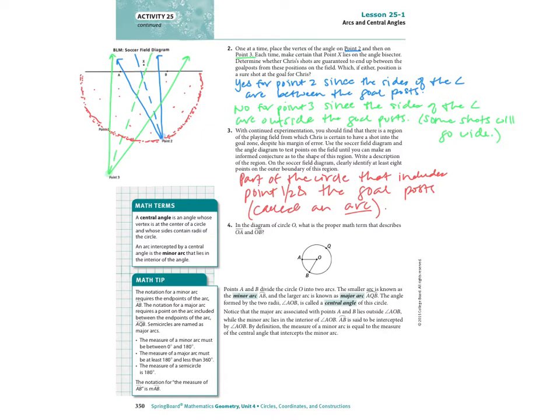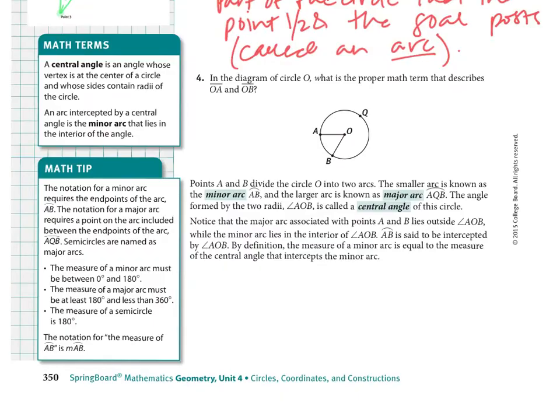Sweet. So the whole beginning part of this lesson was introducing this idea of an arc. Now we can zoom down below and start looking at some of our vocabulary words. Let's look in the margin. We're going to start off with a central angle. That's an angle whose vertex is at the center of a circle and whose sides contain the radii of a circle.